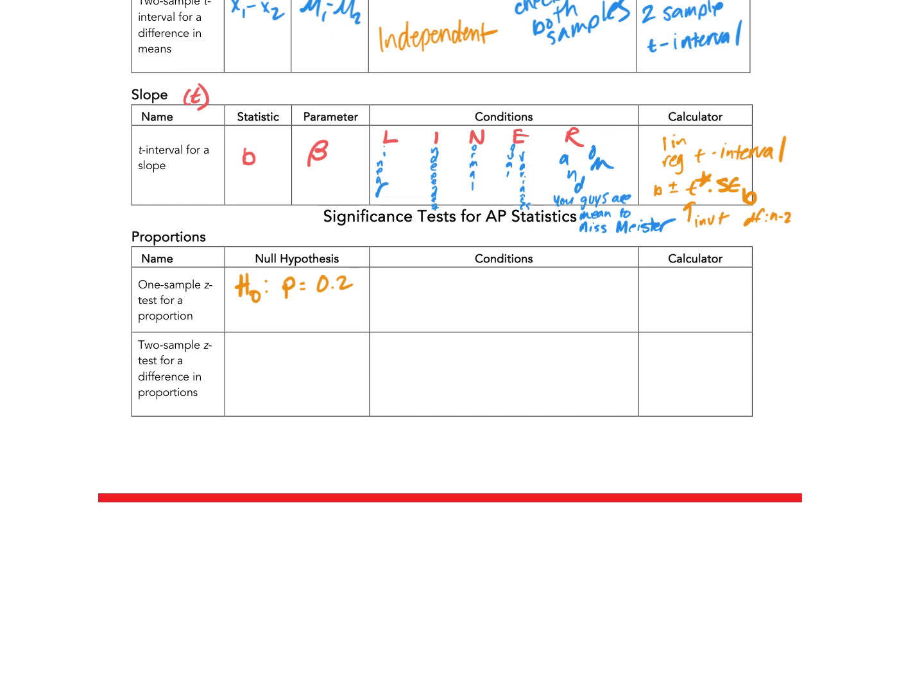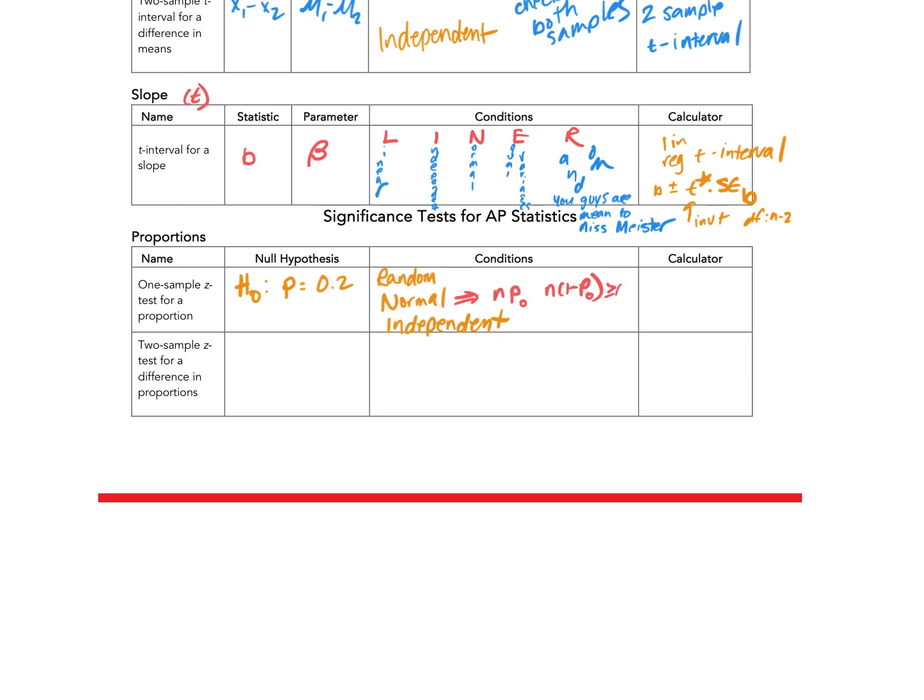Everybody good? Okay. Your conditions are, in fact, random, normal, and anyone want to guess the last one? Independent. Great. Now, for this one, your normal condition, you use n times p from the null hypothesis, and n times 1 minus p from the null hypothesis.